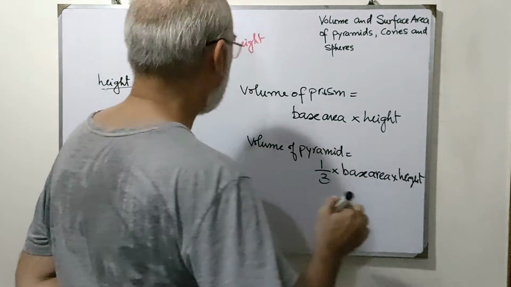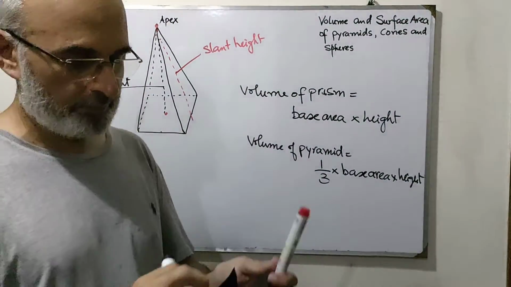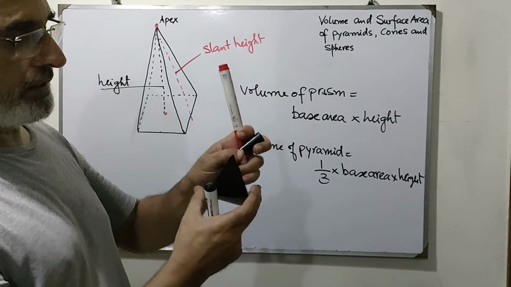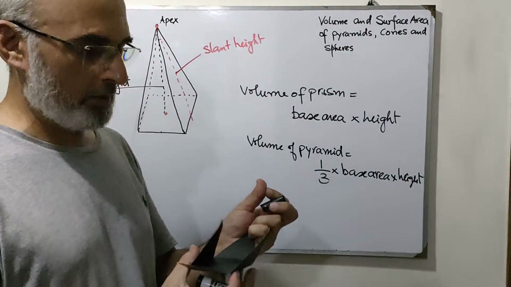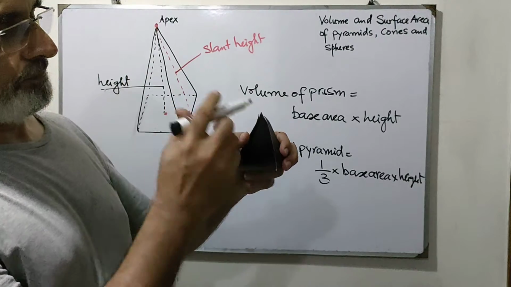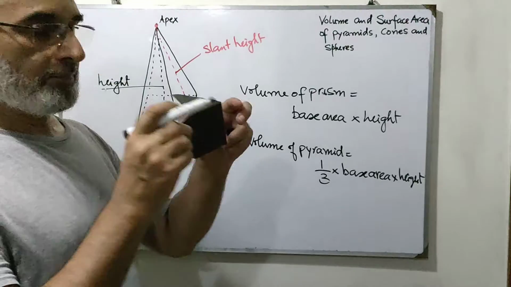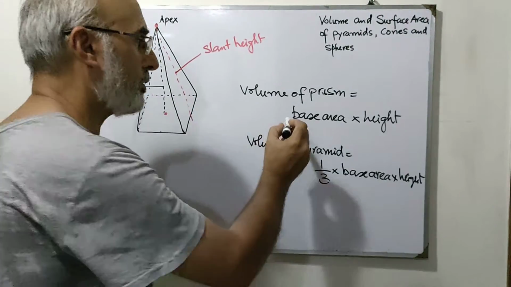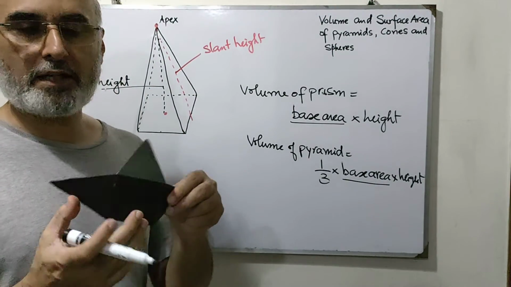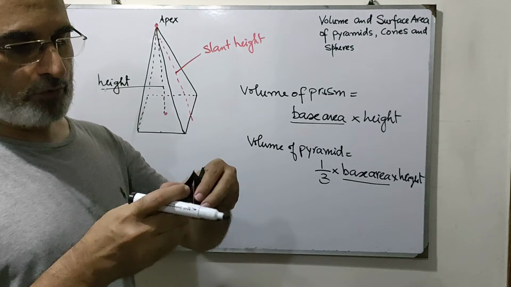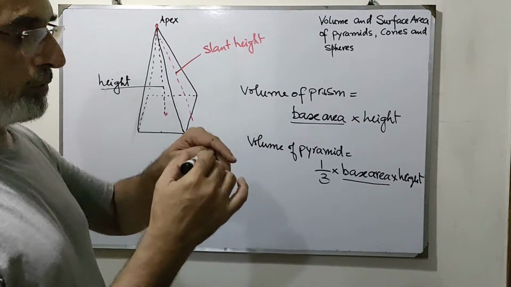When we say height, we are talking about the height within the pyramid, from the tip to the base. This is the height. And the base area: of course the pyramid has a base, so if this is a square, it's going to be a squared area, and then the height, of course, from the tip to the base.